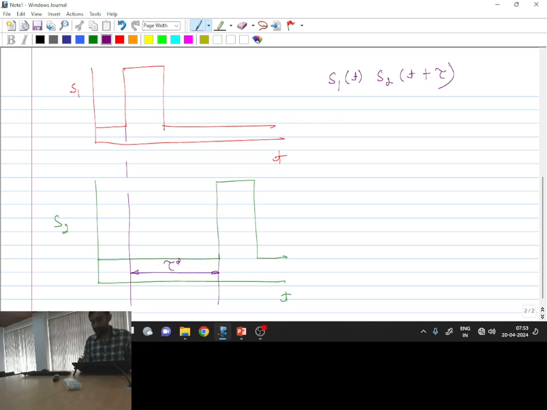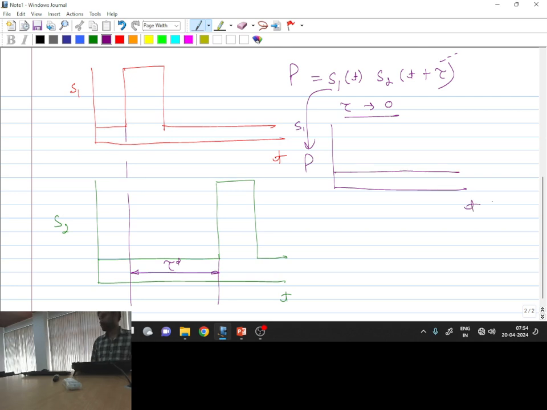So what I will do now, I will choose different values of tau to multiply this signal. When my tau is very small, approaching 0, corresponding to that this entire product, say P, will be coming 0, once my value of tau is very small.